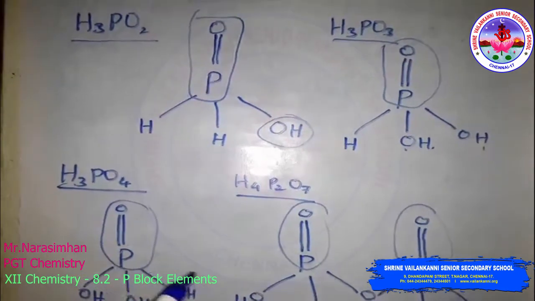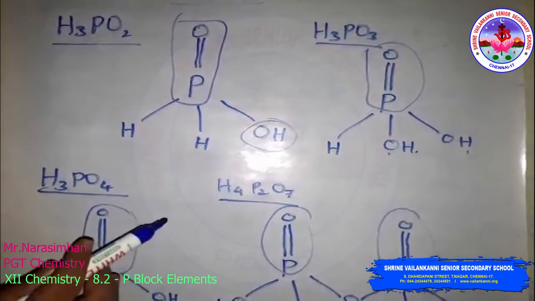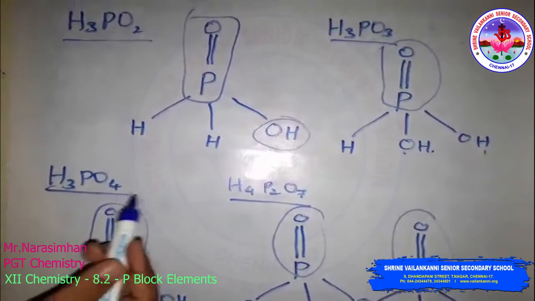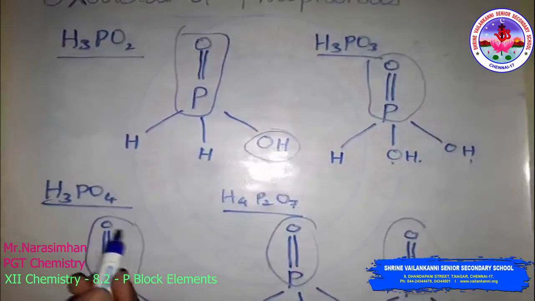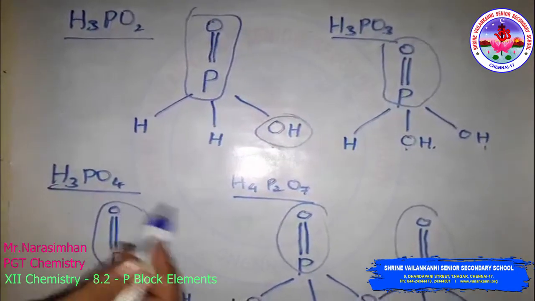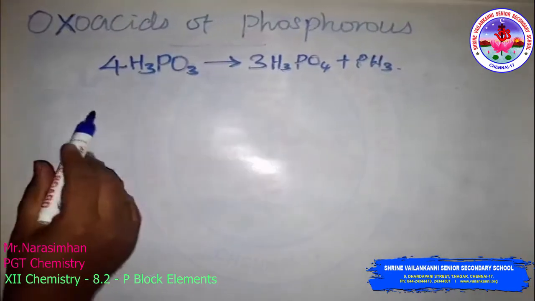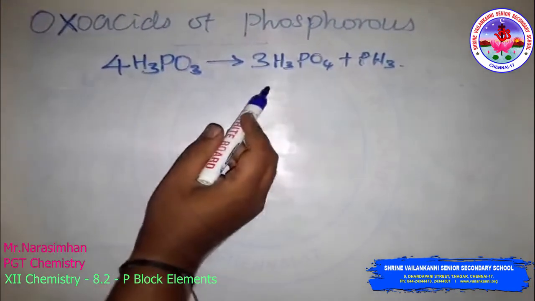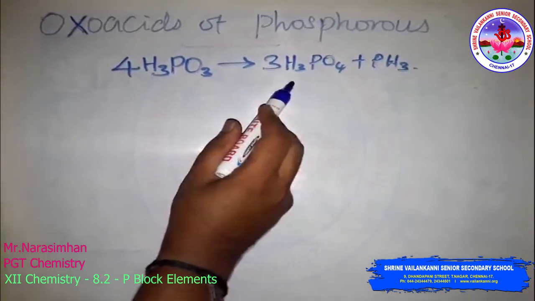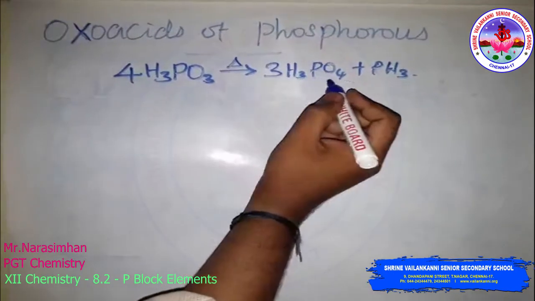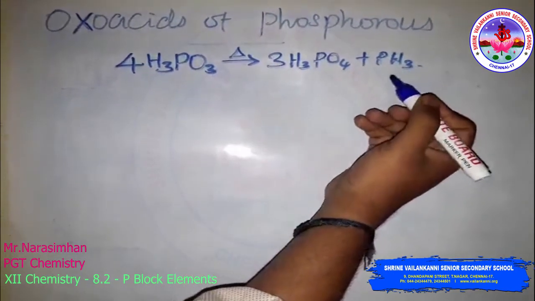For example, orthophosphorous acid on heating disproportionates to give orthophosphoric acid and phosphine. On heating you will be getting phosphoric acid and phosphine.